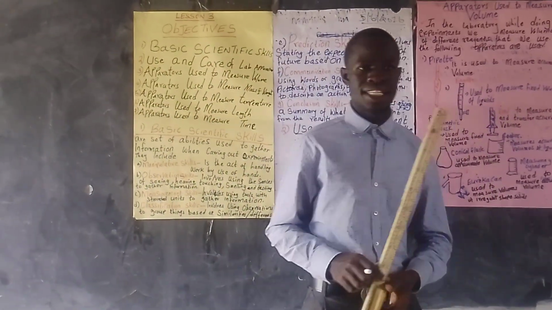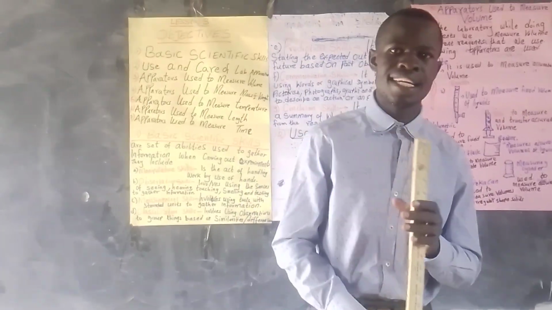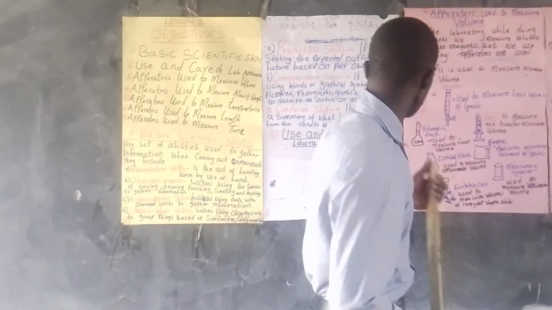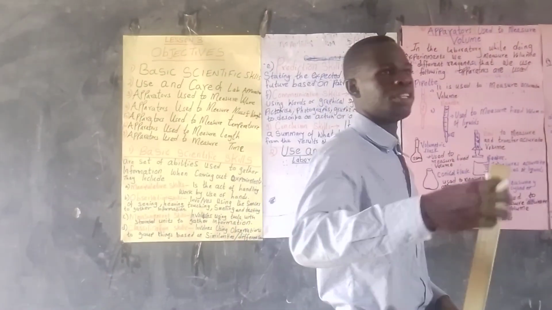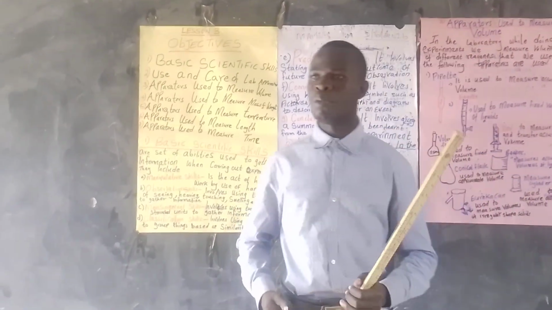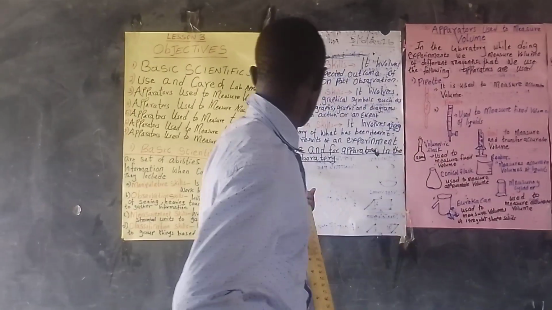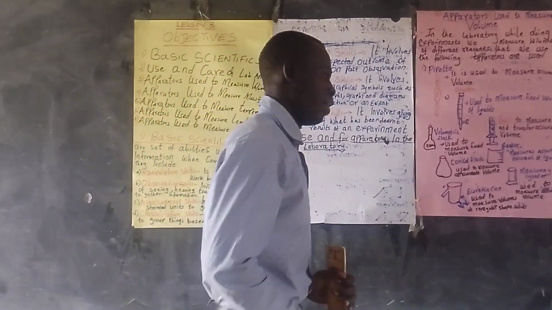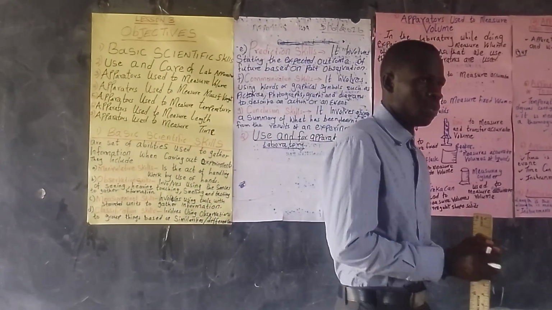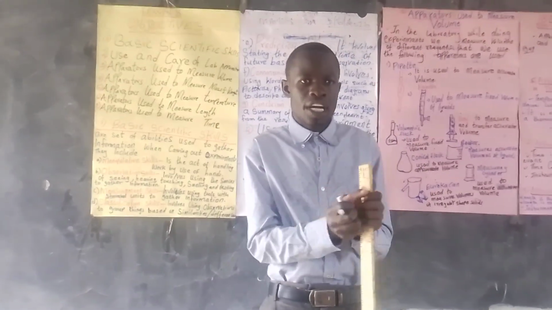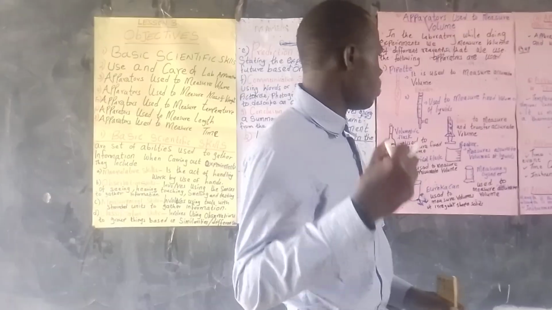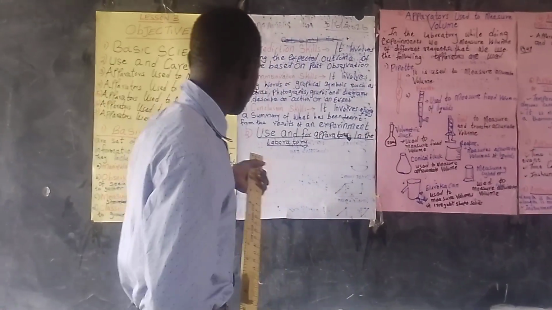We said very well that laboratory apparatus are delicate and most of them are expensive. When we look at them, most of them are made up of glass, so they are delicate to break. Therefore, when we use them, we should be able to handle them with a lot of care. For example, a microscope. When you hold a microscope, ensure you hold a microscope with 2 hands, not 1 hand, because it can break and it is very expensive.